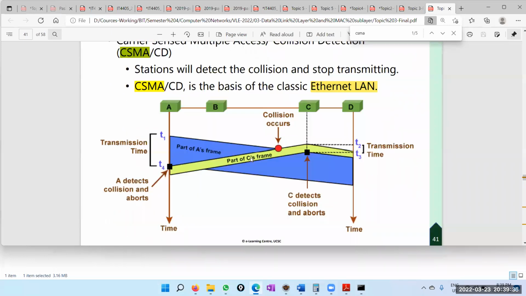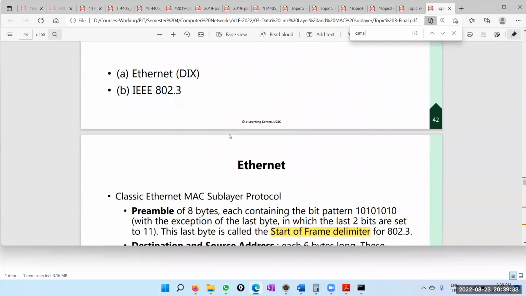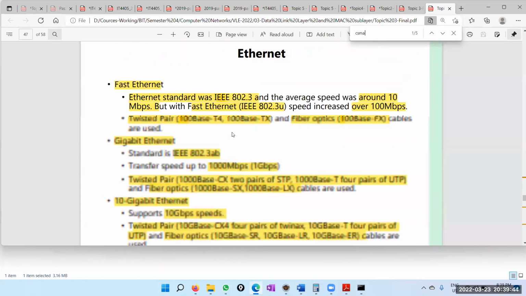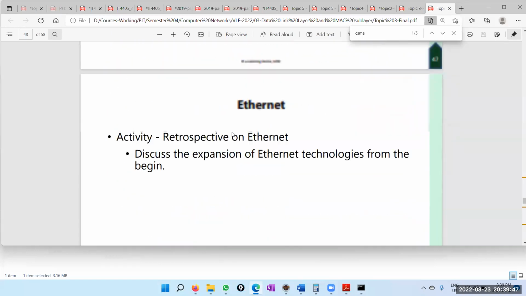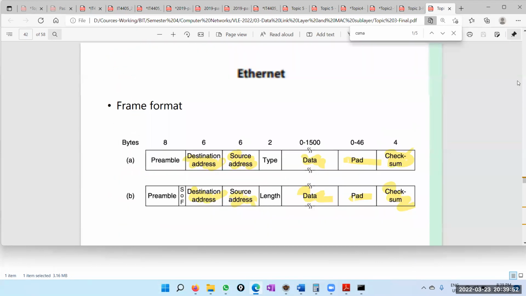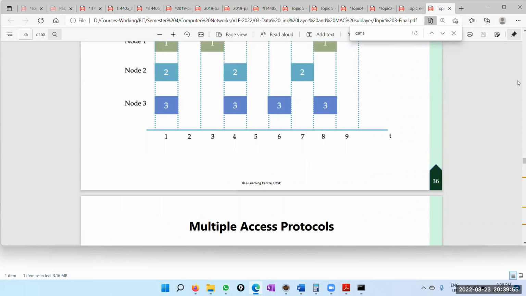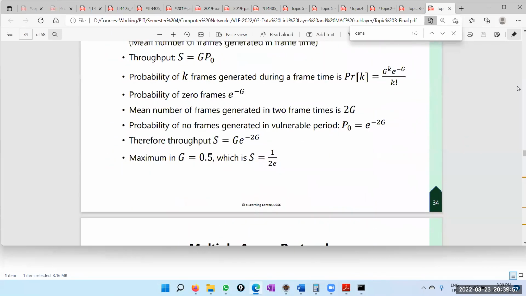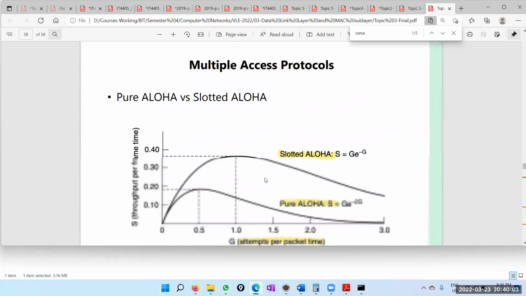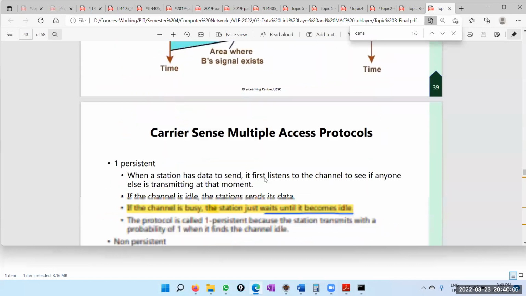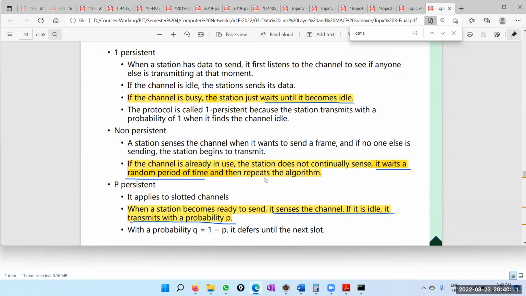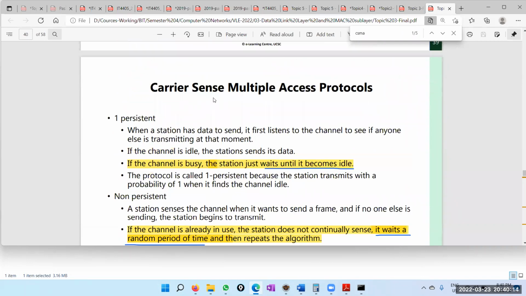Right. So here we discuss the back-off strategy somewhere. I think in the new syllabus note it is not there, but definitely it was in the old syllabus. Yeah, not Aloha. CSMA/CD. Here, these are the back-off strategies, right?